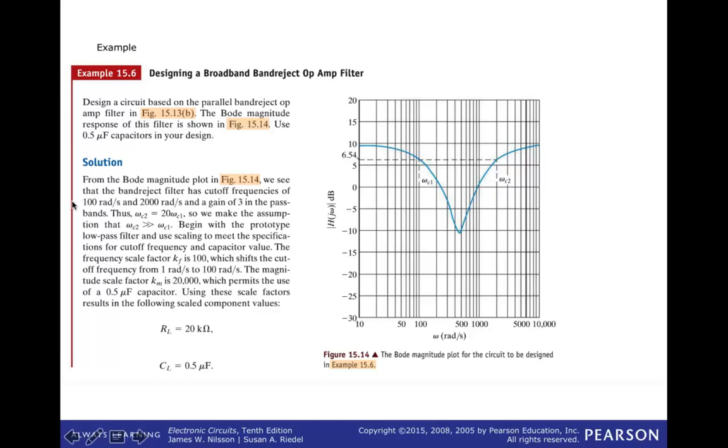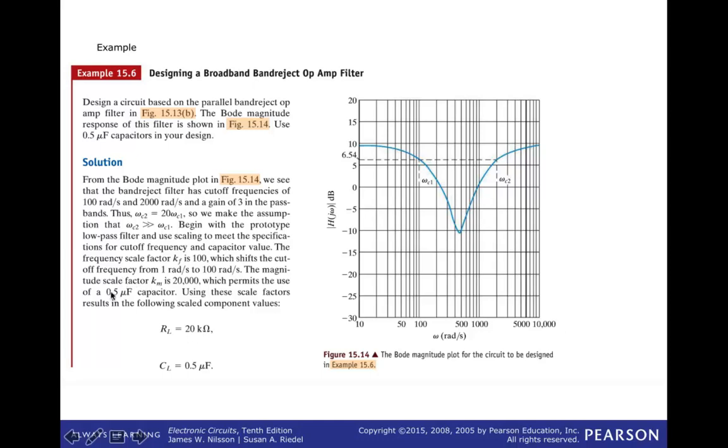So we always calculate our frequency scaling factor first. The prototype filter has a frequency of 1 radian per second. So we want 100 radians per second. So our scaling factor is 100. That then will shift the cutoff frequency. Now the magnitude scaling factor is what we actually use to get the 0.5 microfarad capacitor.